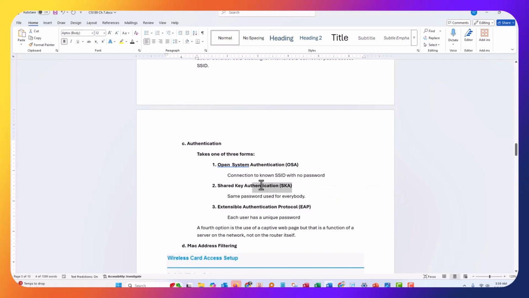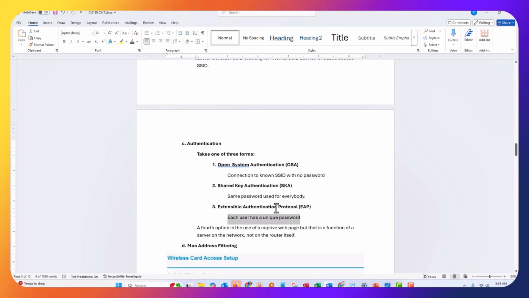Well, personal is this one, shared key authentication. If you remember, this is where the password is the same on your device, your computer or a laptop or a phone, and on your wireless router. So as long as those passwords match, you're in. Whereas WPA Enterprise is this EAP style, where everybody has a unique password.